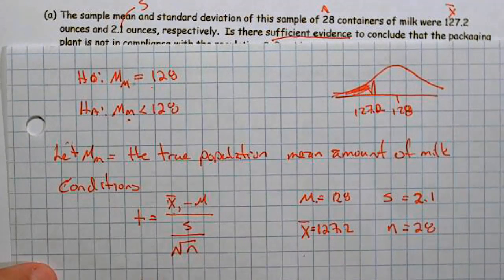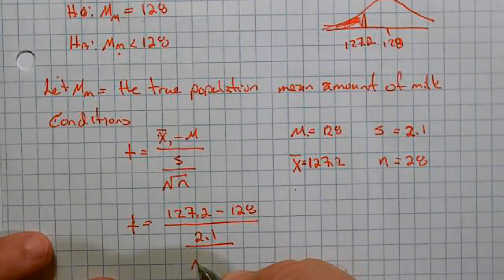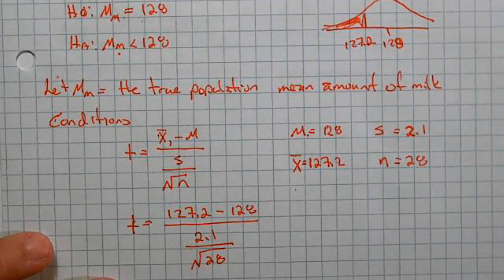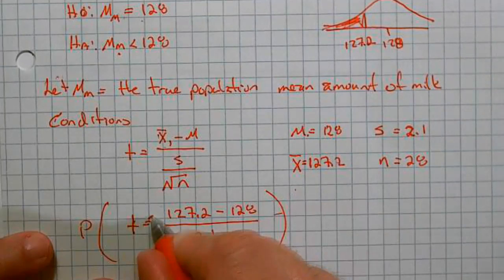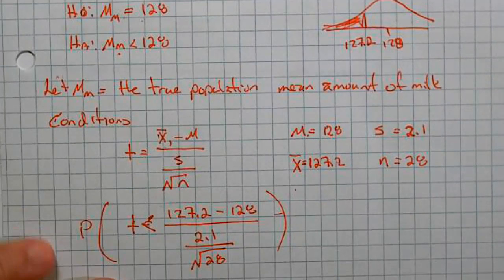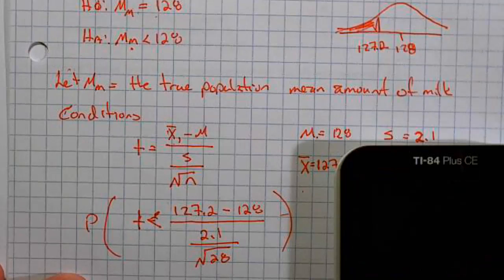So T equals 127.2 minus 128, over 2.1 divided by the square root of 28. And we just want the probability that T is less than. All right. So here we go. We're going to go ahead and plug this information in our calculator.